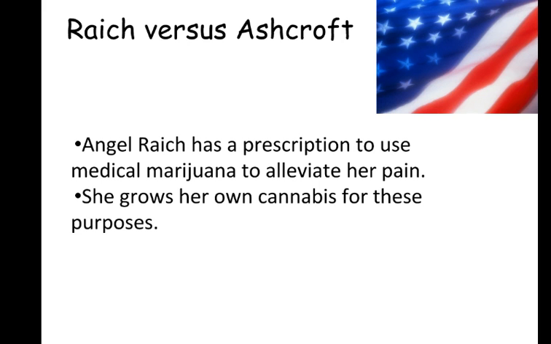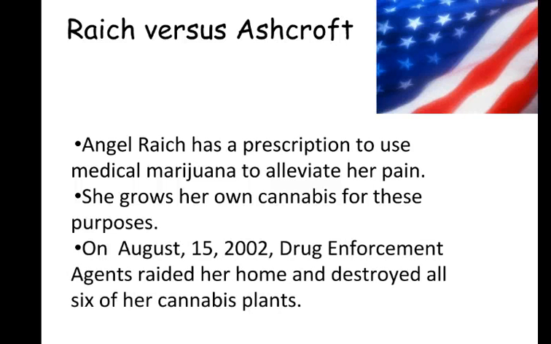So in this case, Angel Raich had a prescription to use medical marijuana to alleviate her pain. She grows her own cannabis for these purposes. On August 15th of 2002, the DEA, or Drug Enforcement agents, raided her home and destroyed all 6 of her cannabis plants.